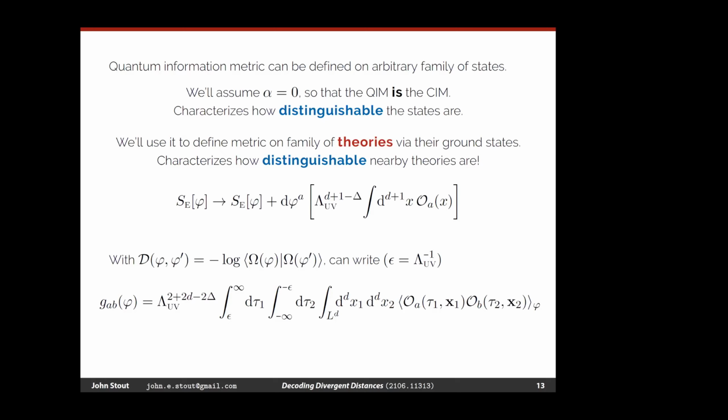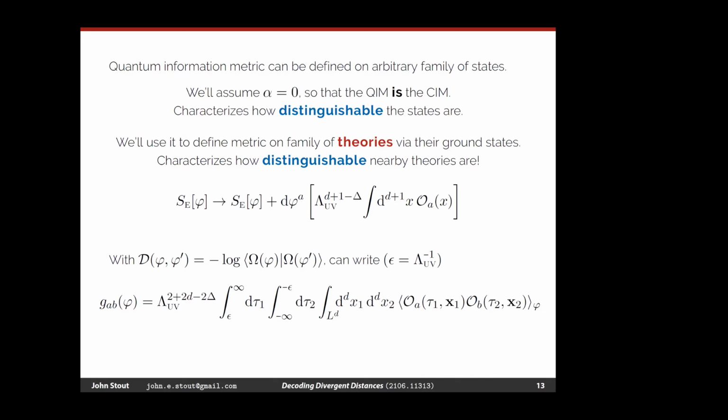How easy is it to distinguish one state from another by performing measurements on it? And what we can do is say, okay, well, let me place a metric on this space of theories. Consider mapping each theory to its ground state and placing the information metric on that set of ground states. And so I'm able to provide a metric which characterizes the distinguishability of different theories if I'm able to perform measurements on their ground states.